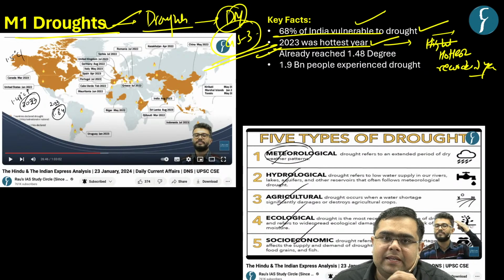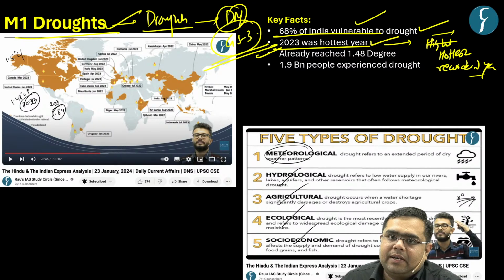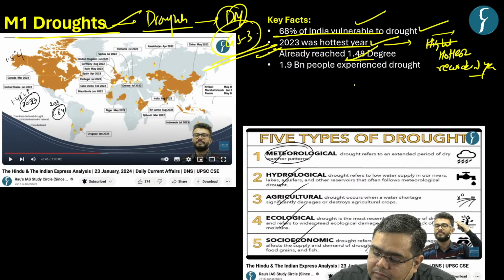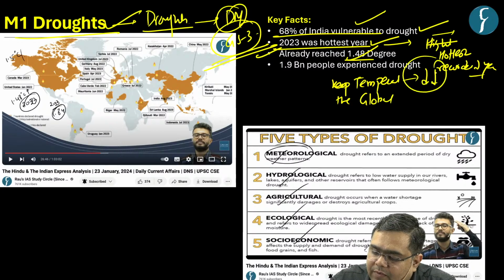Then another challenge with respect to this drought-like situation is that we have already reached 1.48 degrees in the context of the Paris climate deal, in which we had committed that we will keep the global temperature well below 1.5 degrees of that at the pre-industrial level.